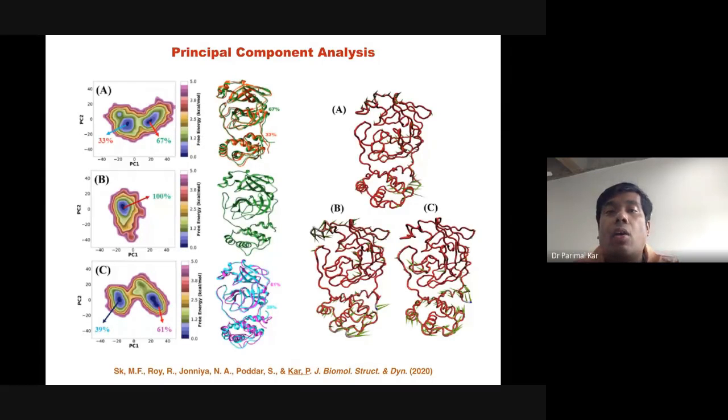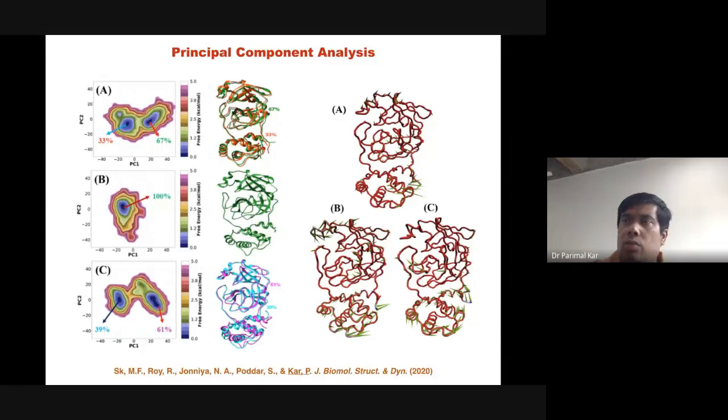Now on the extreme right, I have shown again the ABC figures with a porcupine plot. And the porcupine, you know, they have these spikes. So basically these spikes show the direction of the motion of each atom.